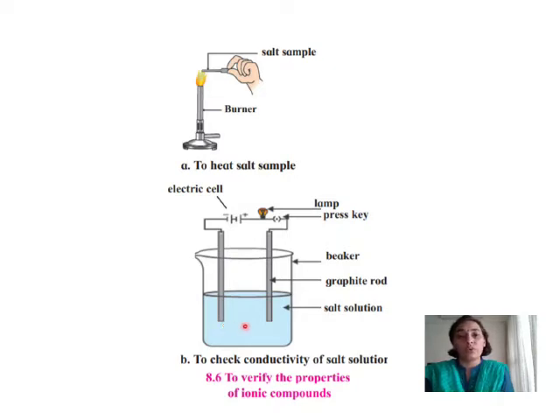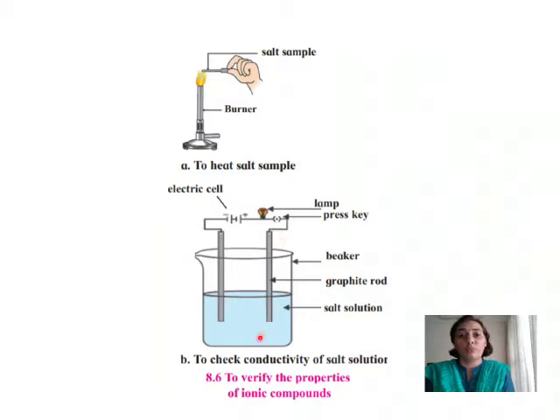So the dissociation process takes place here, and sodium ions, being positively charged, will move towards the negatively charged electrode. This is the negatively charged electrode because here you can see the negative sign. So sodium ions will go to the negatively charged electrode, and chloride ions, being negatively charged, will go towards the positively charged electrode. You can see that this electrode is positively charged.